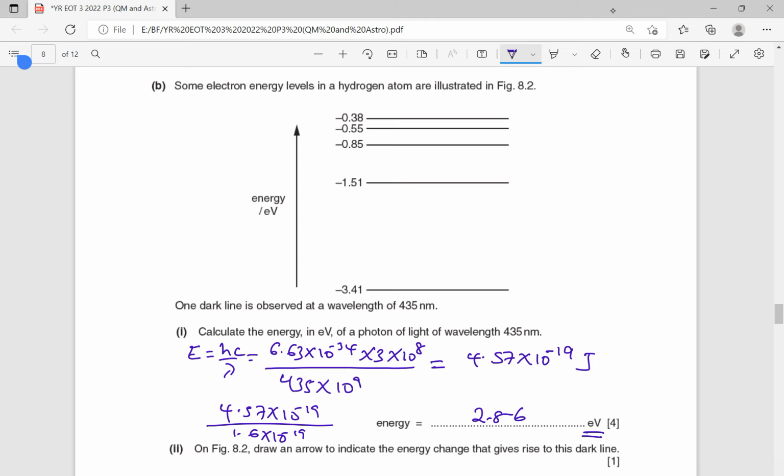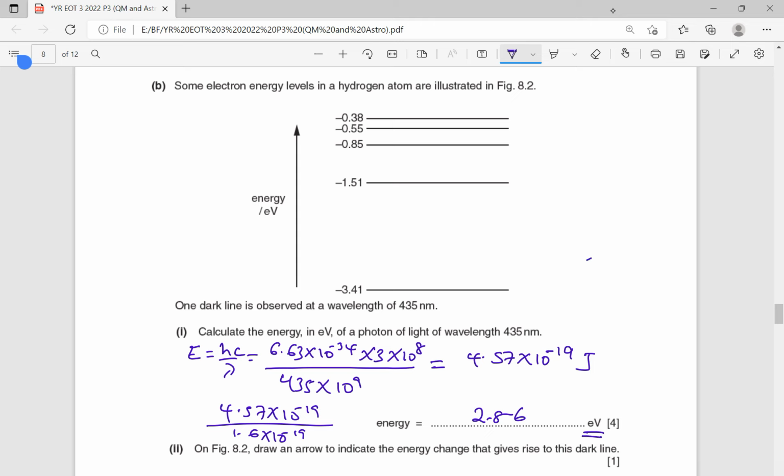Okay, next. On the figure, draw an arrow to indicate the energy change that gives rise to the dark line. The energy change is 2.86 electron volts. Let's try to check. Get your calculator and subtract the energy differences.